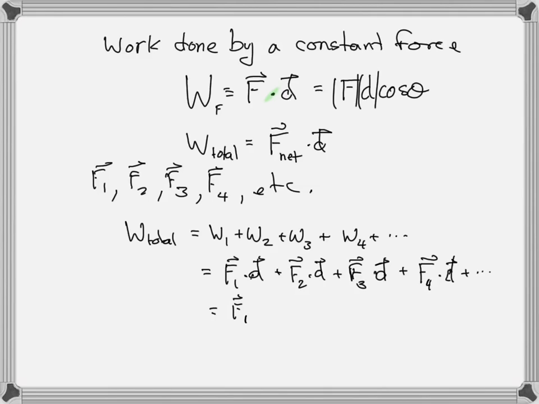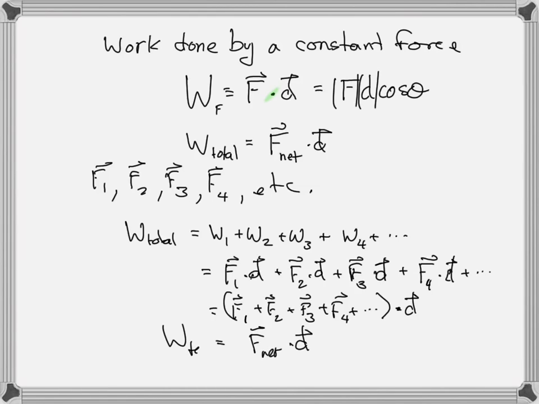So it's going to be F1 plus F2 plus F3 plus F4 plus the rest, whatever other forces you have, dot D, which is just F net dot D. So we can differentiate between the total work done, sometimes called the net work done, because we call the force the net force. For whatever reason, we more often call it total. Total work done is F net dot D. The work done by an individual force is that individual force dotted with D.